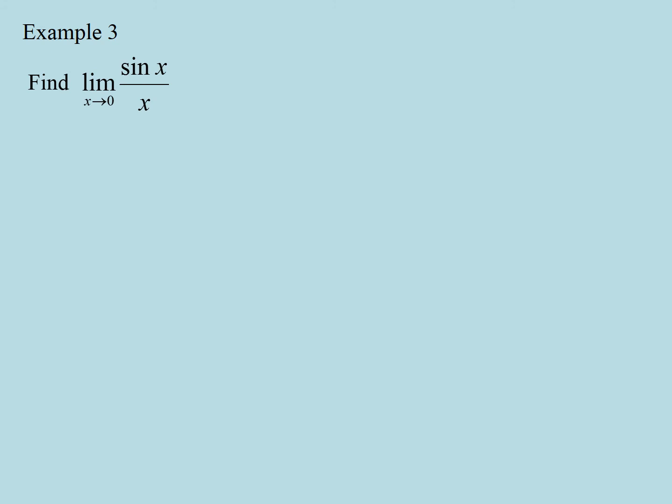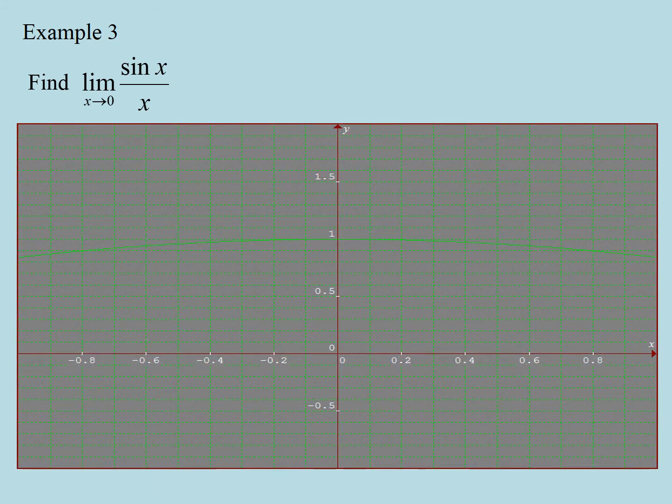Another example. Find the limit of sine of x over x as x approaches 0. Let's do that graphically. One thing we would probably notice is that this function is not defined at 0. If we plugged in 0, the sine of 0 is 0, divided by 0. So it's not defined, but that does not matter.